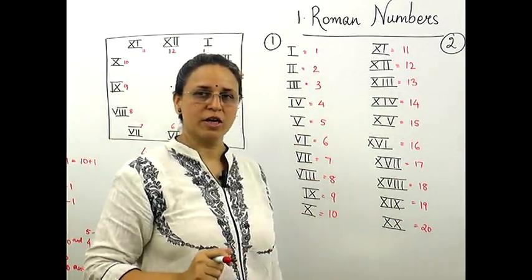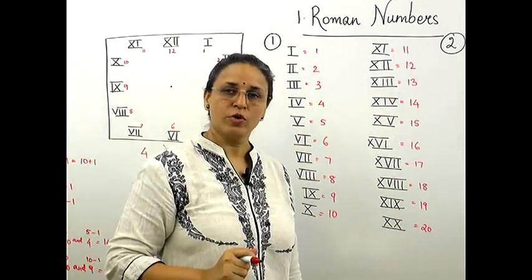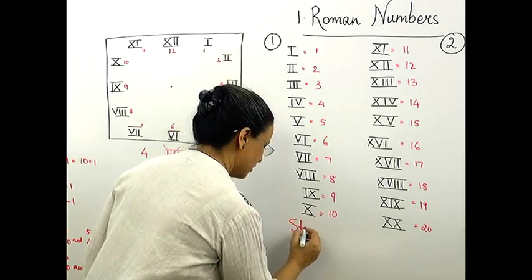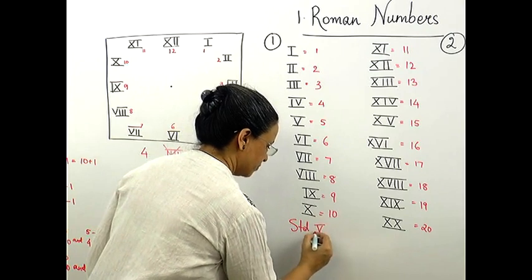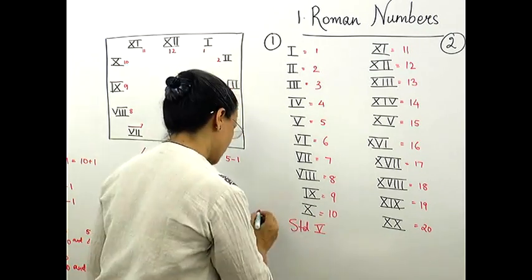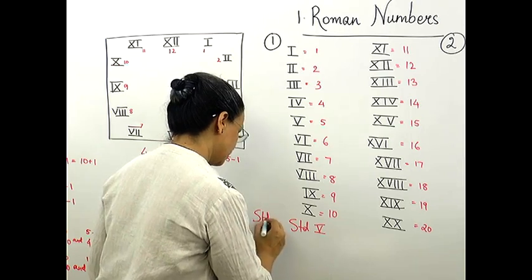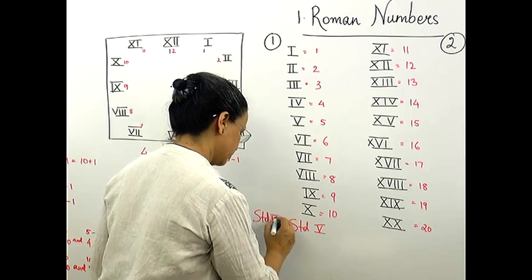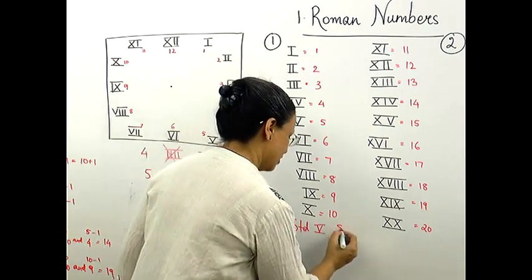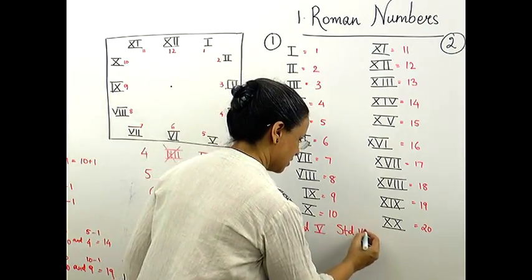Which class are you in? 5th standard. So how will you write standard 5th? We will write it in this way. Standard 5. Last year which class were you in? This way, Standard 4. And next year which class will you go to? Standard 6.